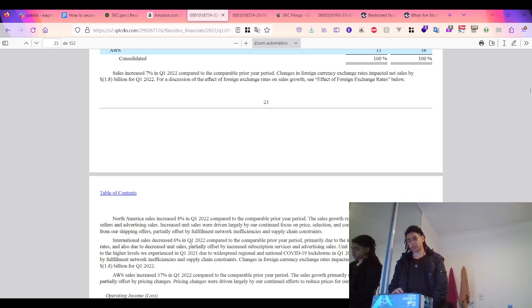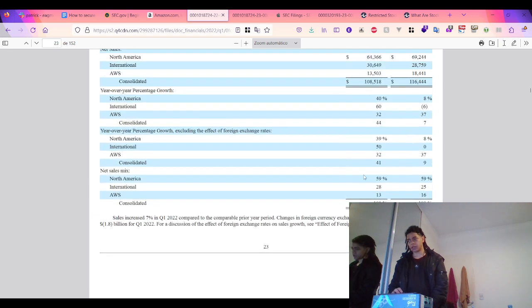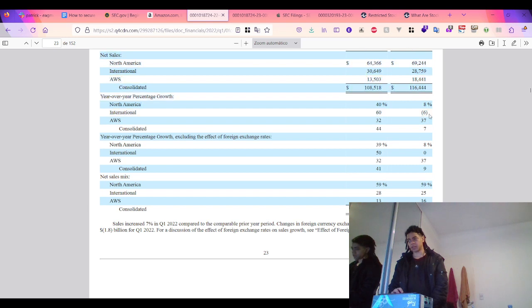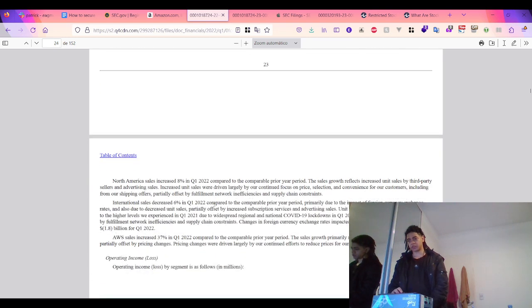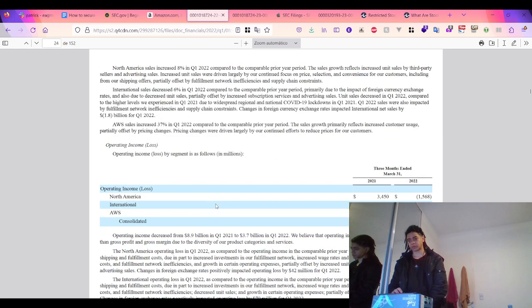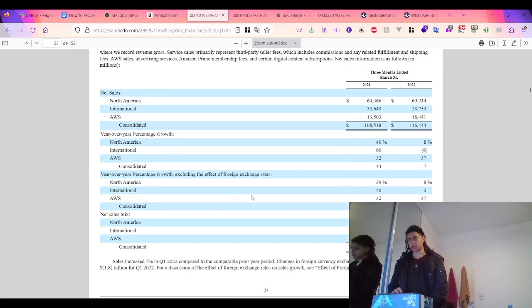International sales decreased 6%. Exactly, here it's a decrease of 6% compared to the prior year in 2022. Interesting.